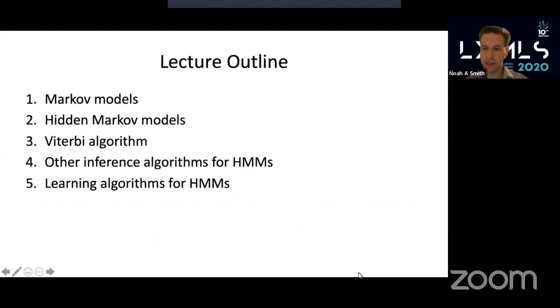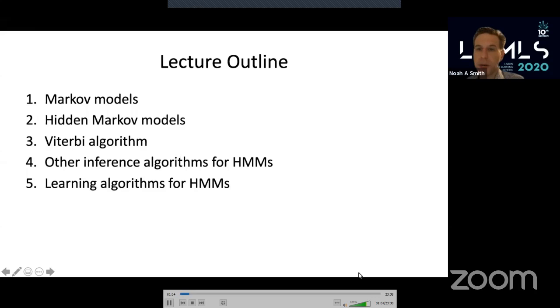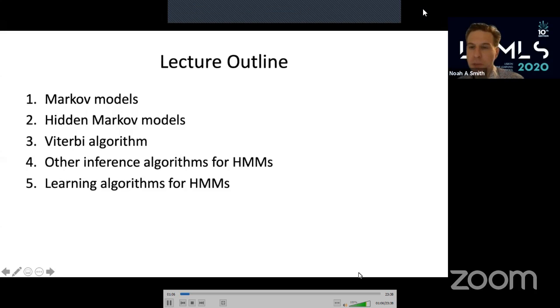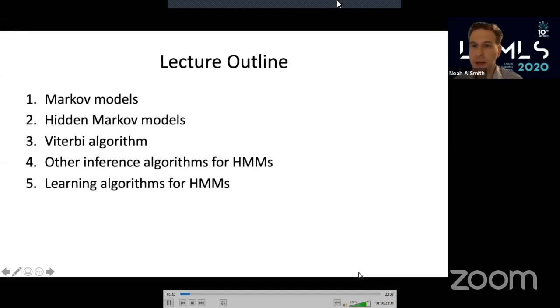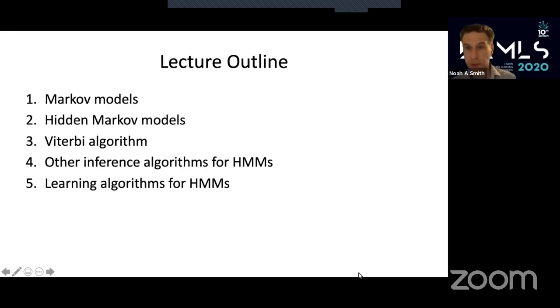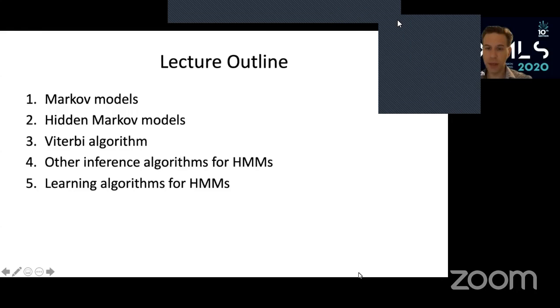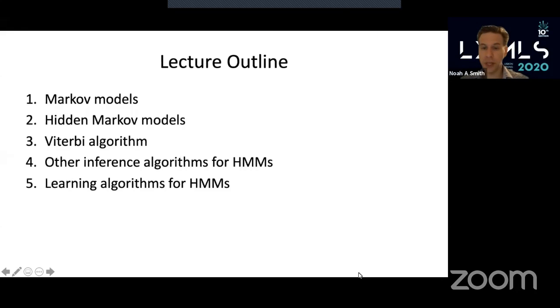So let's dive in. Today's lecture is going to have 5 parts. We'll start out by talking about the simplest kinds of sequence models, known as Markov models. And then we'll add the word hidden to the front of that label and talk about a famous family called hidden Markov models as applied in natural language processing for discrete data. And a big part of understanding hidden Markov models is understanding the key algorithm that we use when we use a hidden Markov model.